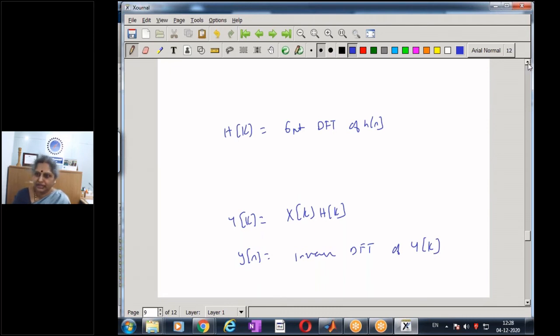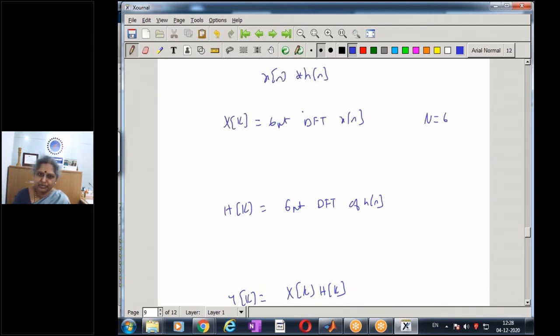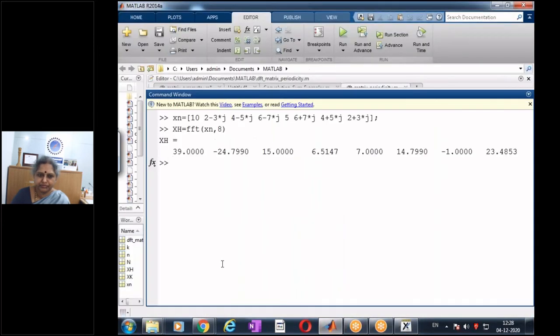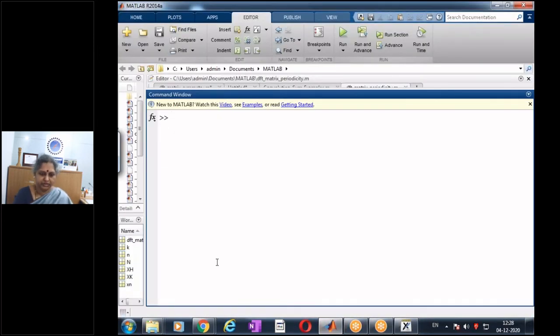So let us first compute the 6-point DFT of x of n. My x of n is 1, 2, 3, 4, and my h of n is 4, 5, 6. Let me compute x of k, which is given by the DFT of x of n, but I need a 6-point DFT.